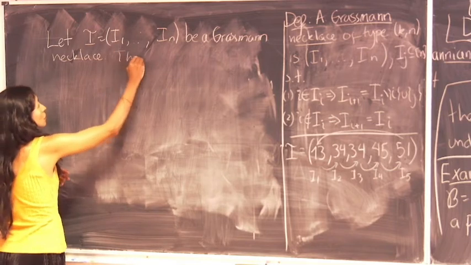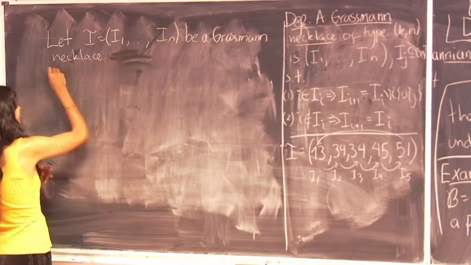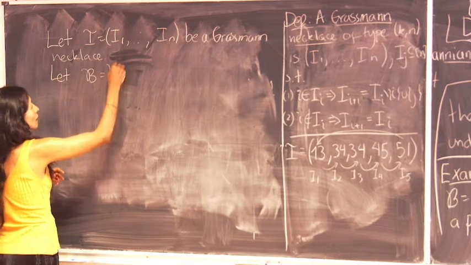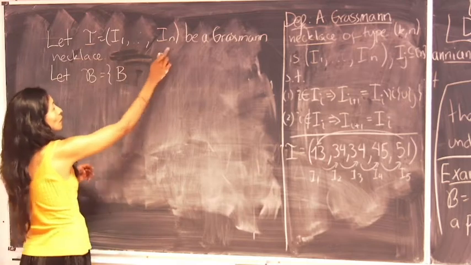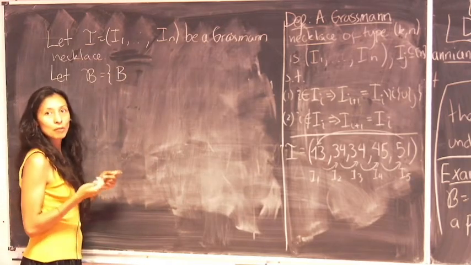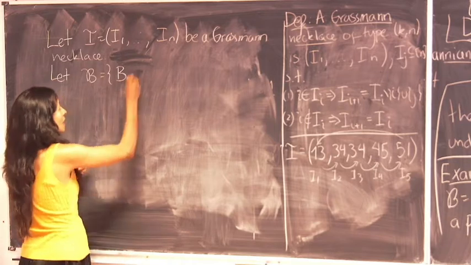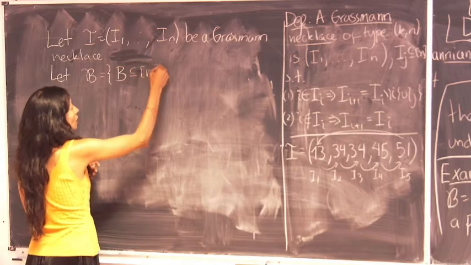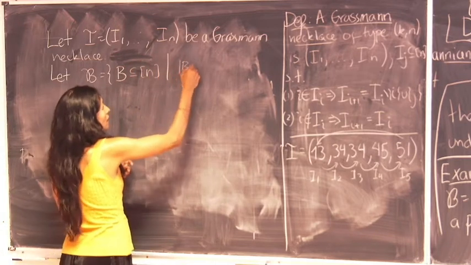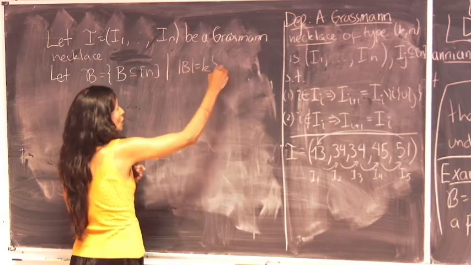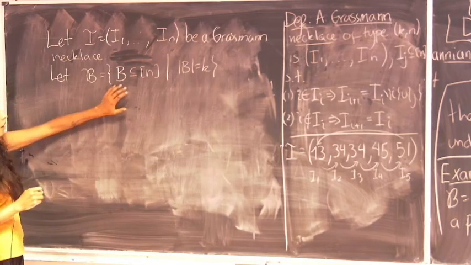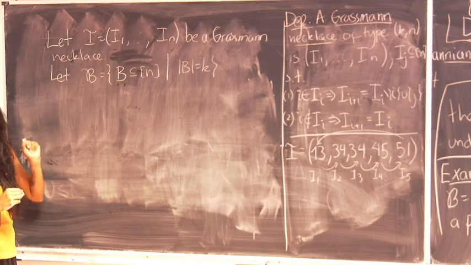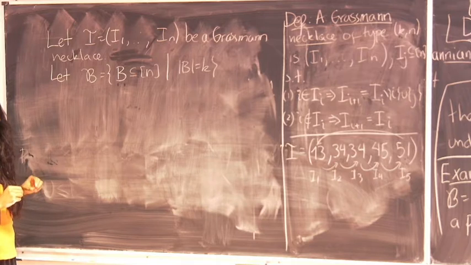Let B be the collection of, so if my Grassmann necklace is of type K, n, so if each of its elements has size K, let me take the subsets of N that have size K, and I want to determine which ones are going to be the ones that correspond to the positroid that the Grassmann necklace gives rise to.